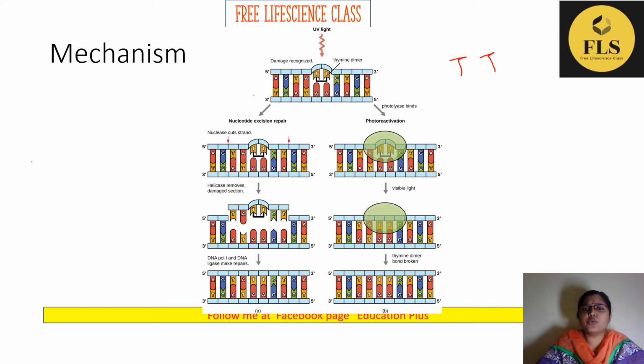Next, we are moving into the other process, that is direct reversal. Okay, it will be explained in another video, but here the diagram is already given. So we are going to explain one mechanism of direct reversal repair, that is photoreactivation. In photoreactivation, if UV light hits the DNA, thymine dimers are formed.